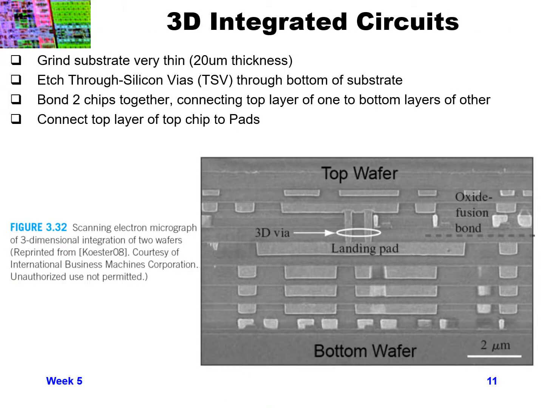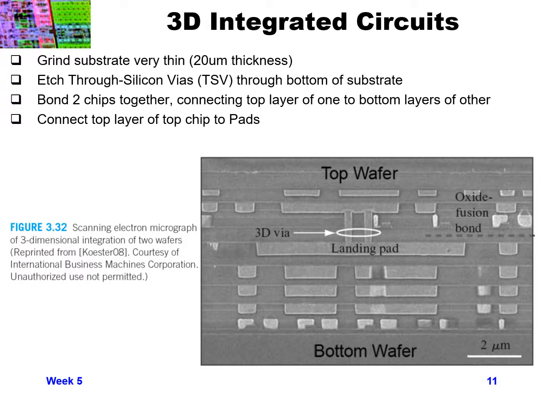Now, after we've created a given silicon IC chip, we can do what's called 3D integration of circuits. In effect, we can take two silicon chips and combine them together to create additional functionality. So we can put some of our logic on one chip and some on another chip.